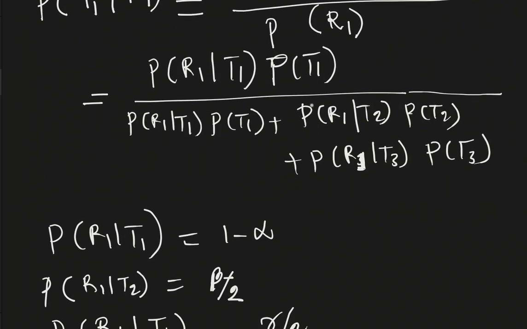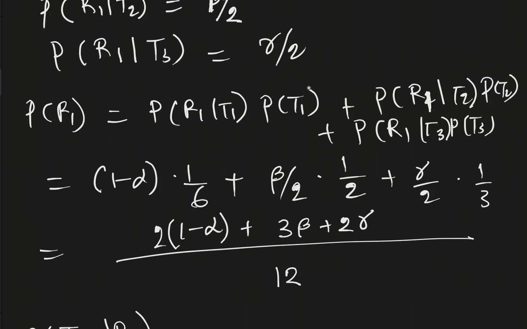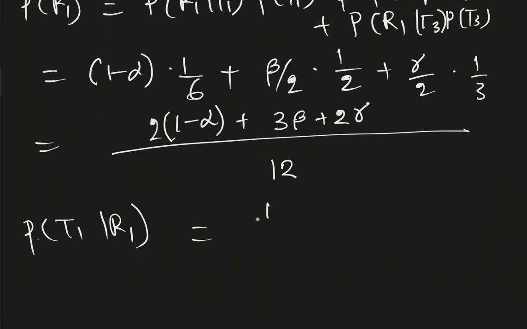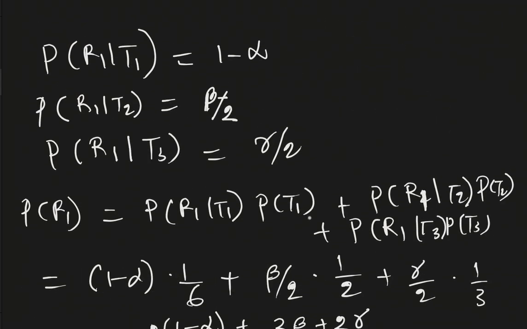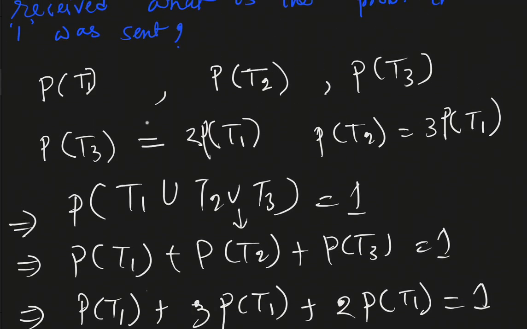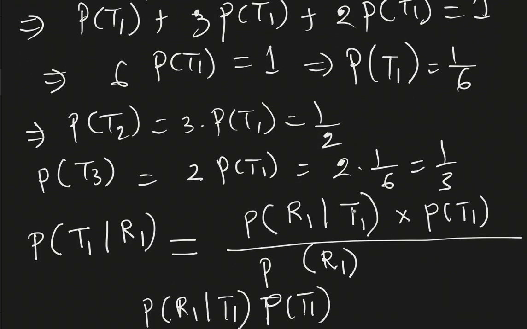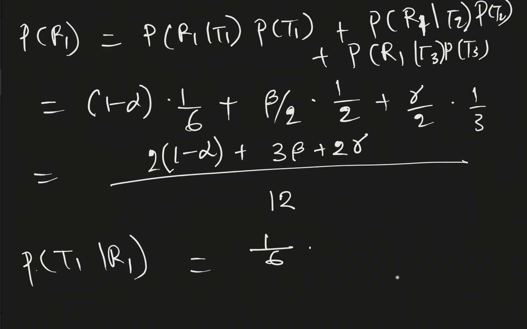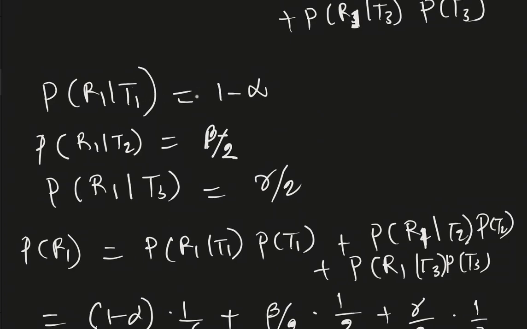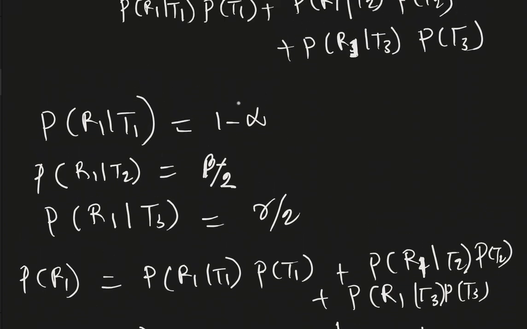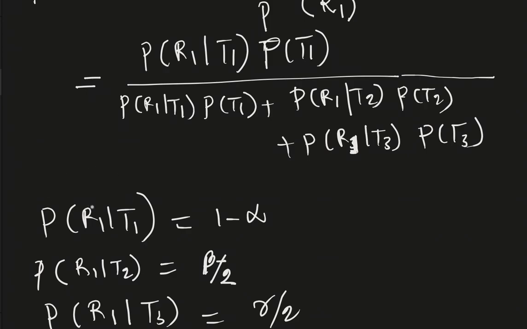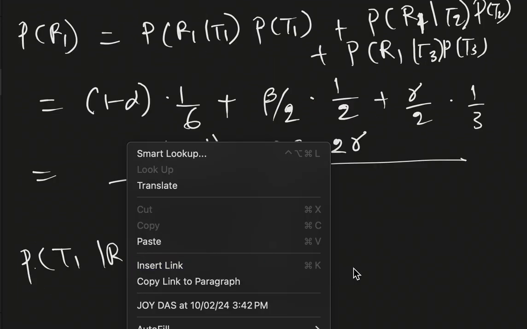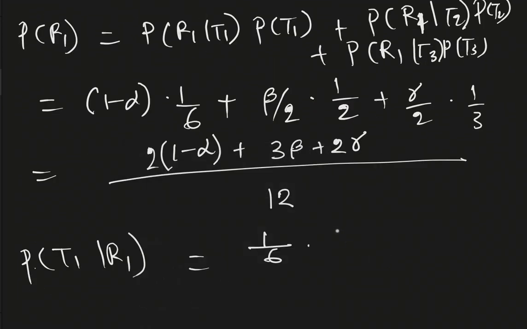P(T1) we have already calculated as 1/6, into P(R1|T1), which is 1 minus alpha, divided by P(R1).